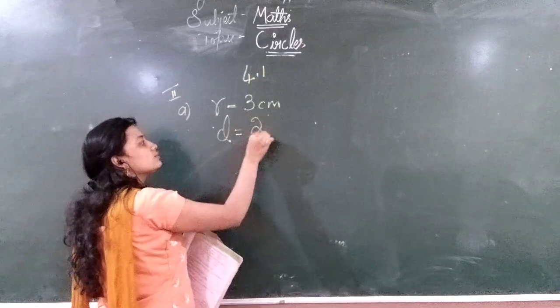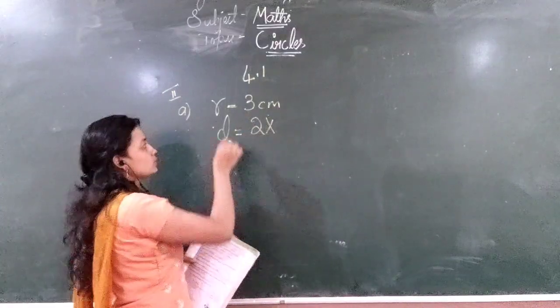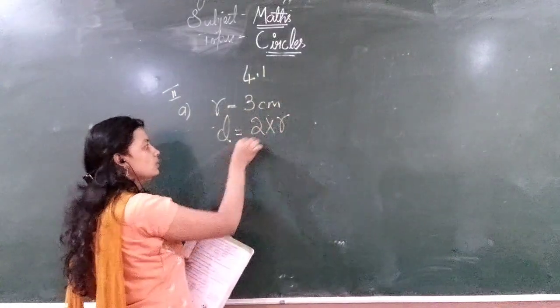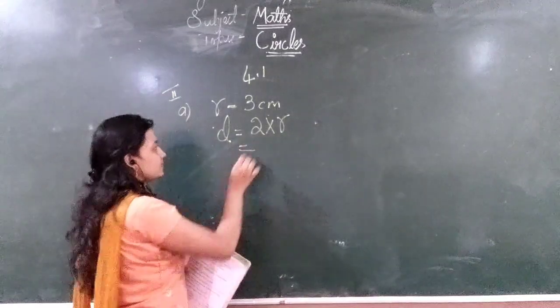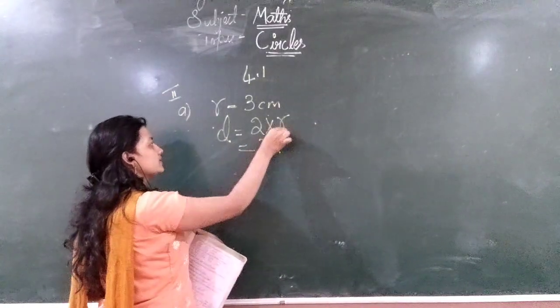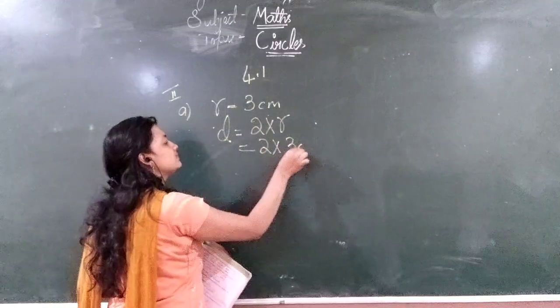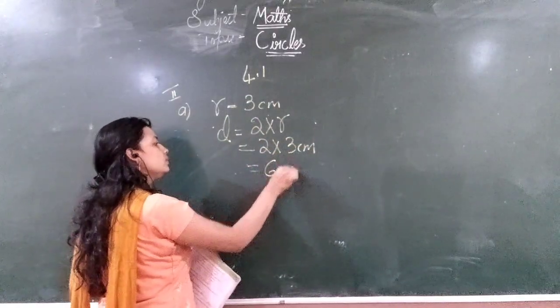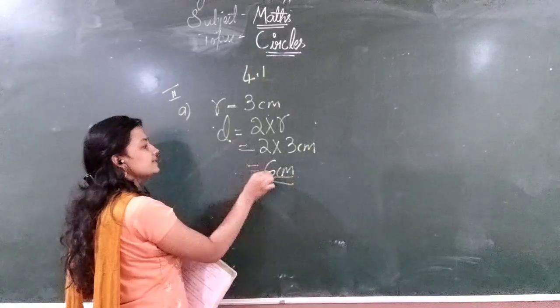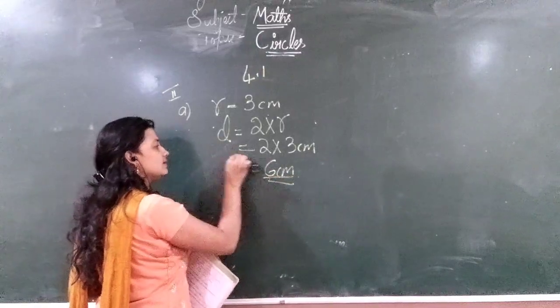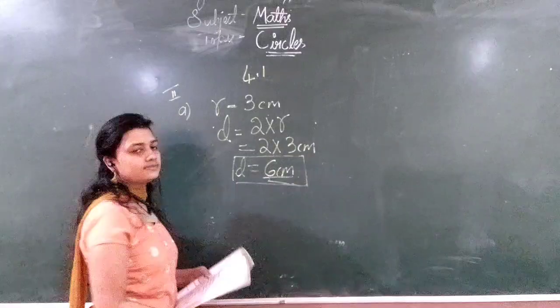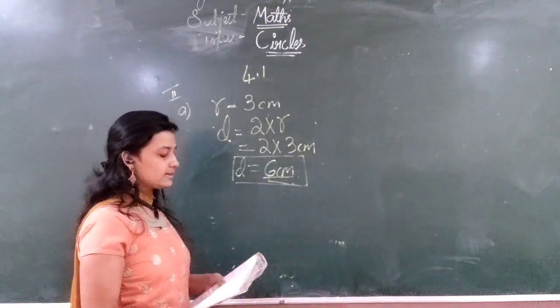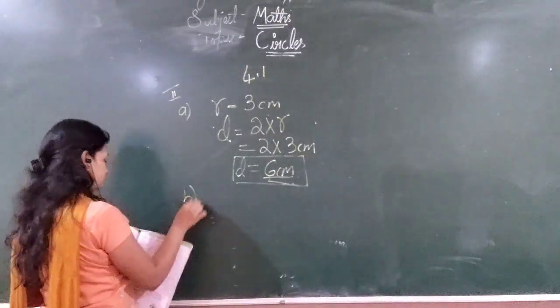Double means you multiply by 2. So 2 into 3 centimeter, 2 threes are 6. So the diameter is 6 centimeter. This is the answer.